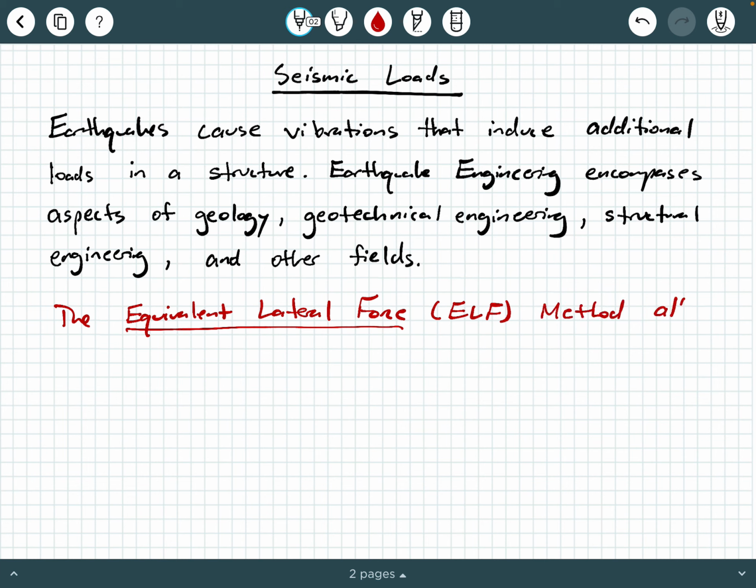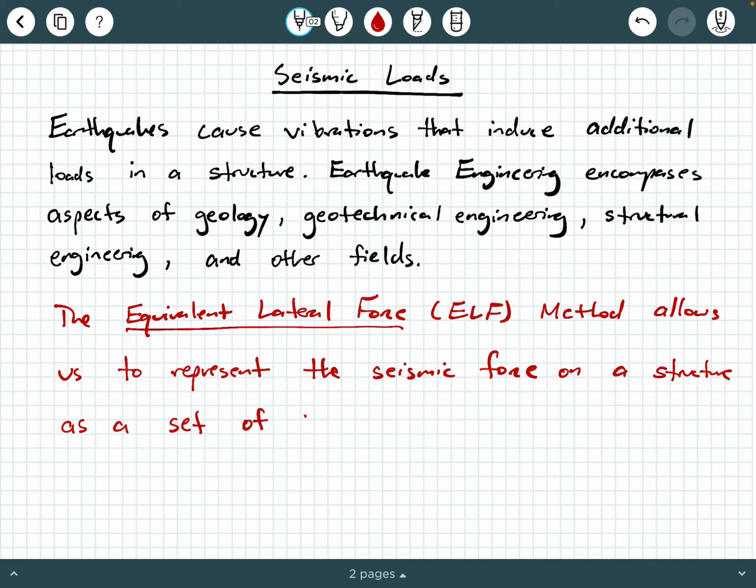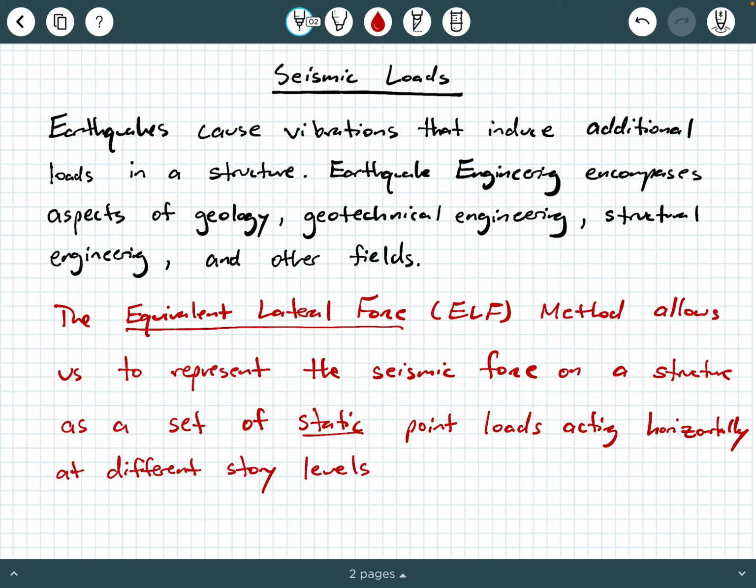The ELF method allows us to represent the seismic force on a structure as a set of static point loads acting horizontally at different story levels.